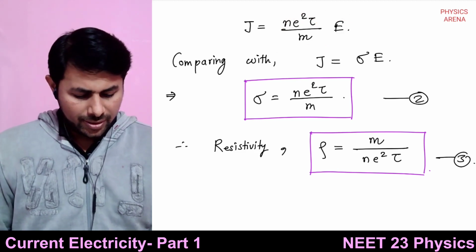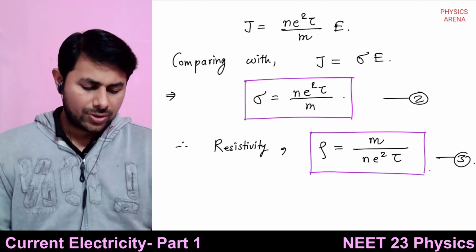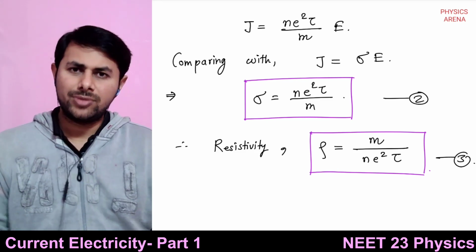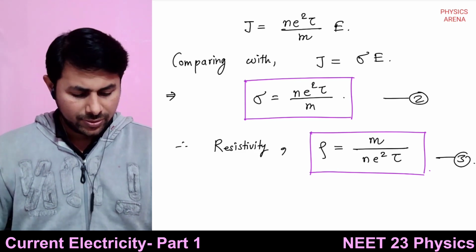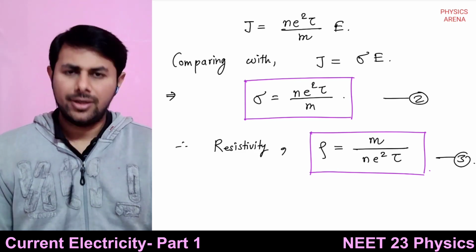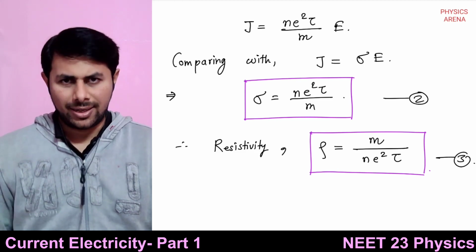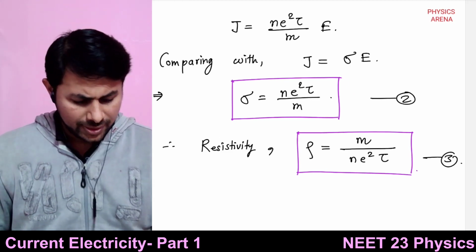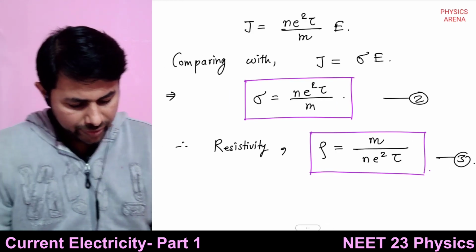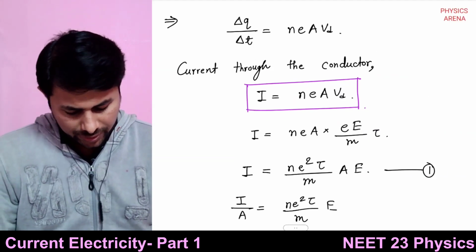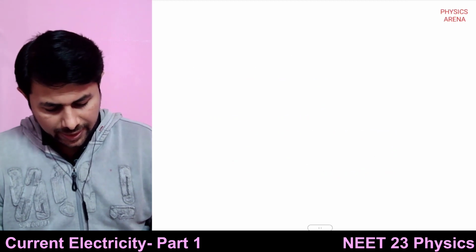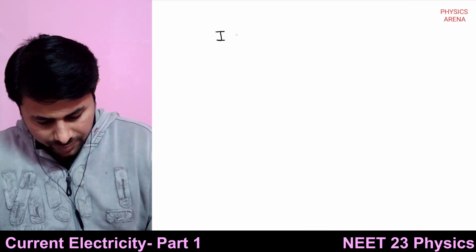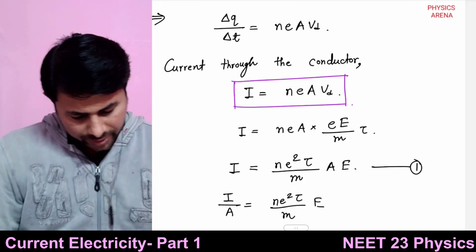Okay. But if we want to derive Ohm's law as Ohm stated it, what do we have to do? We just have to substitute E is equal to what? V upon L, right? E is equal to V upon L into this expression number 1. So I can say I is equal to, what?